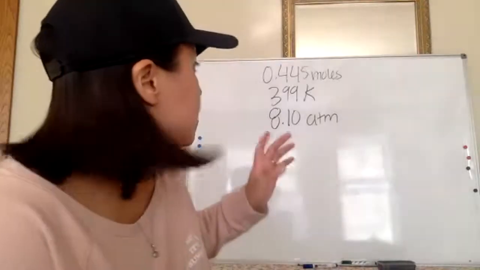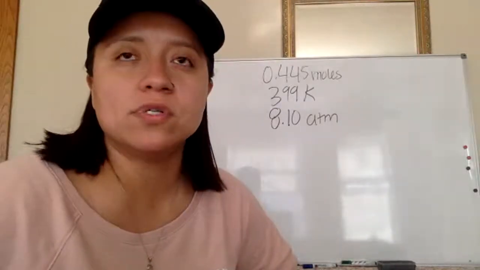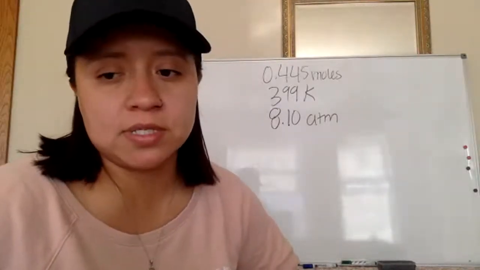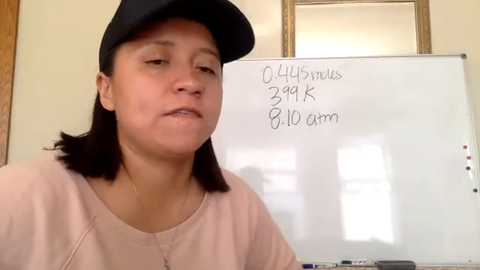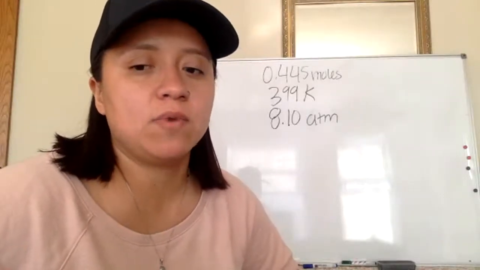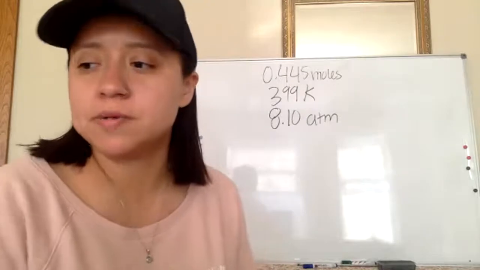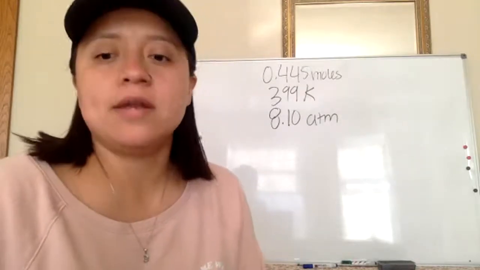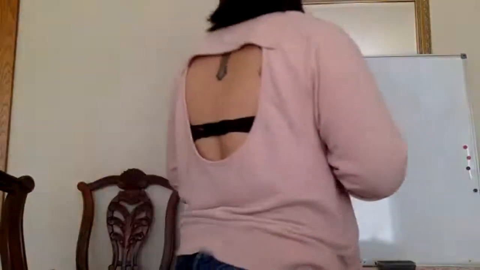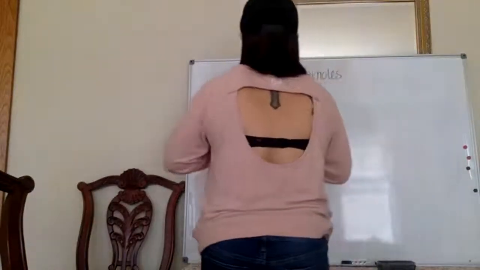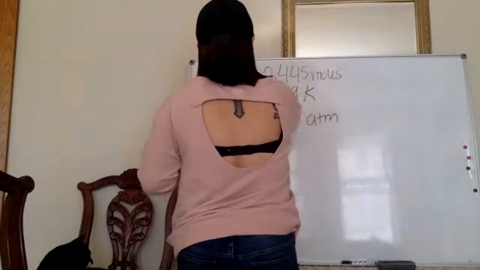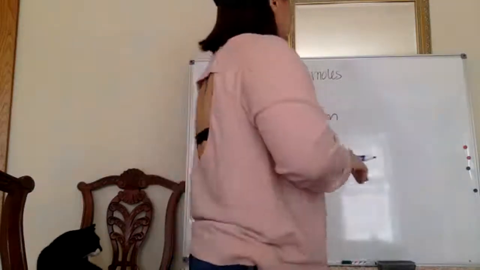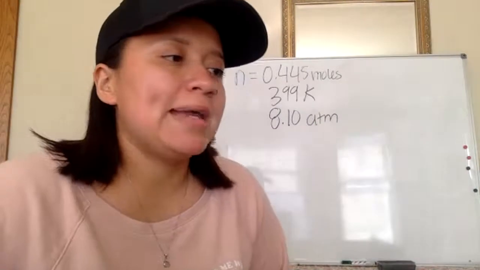So let's look, 0.445 moles. What variable does 0.445 moles represent, guys? N, yep. So this is N. How about 399 K?